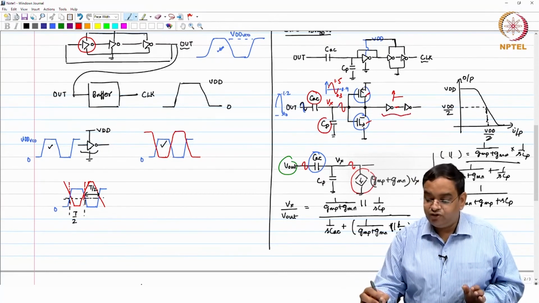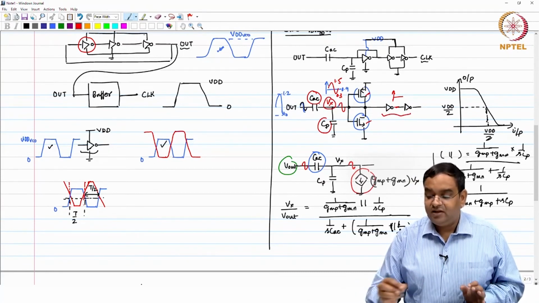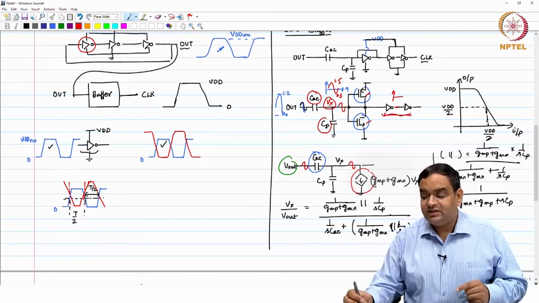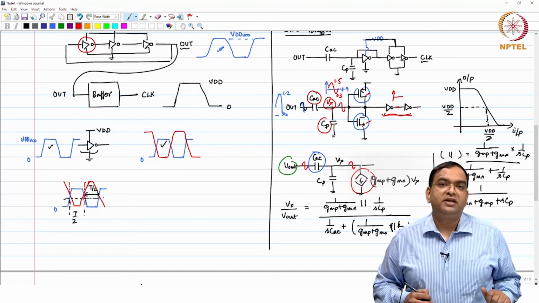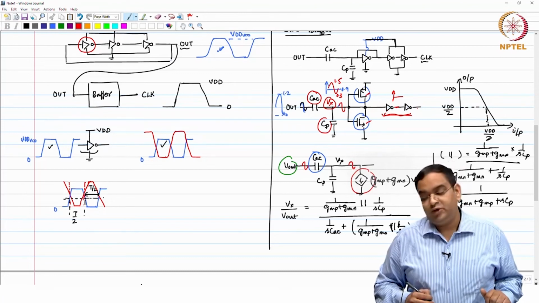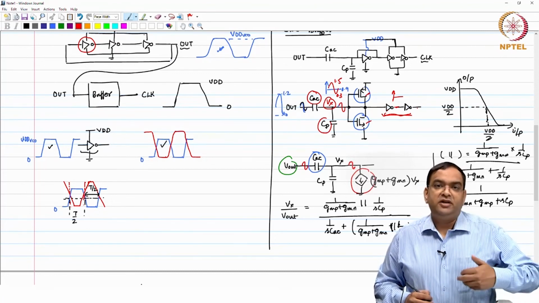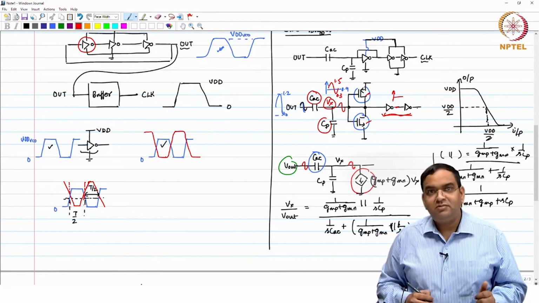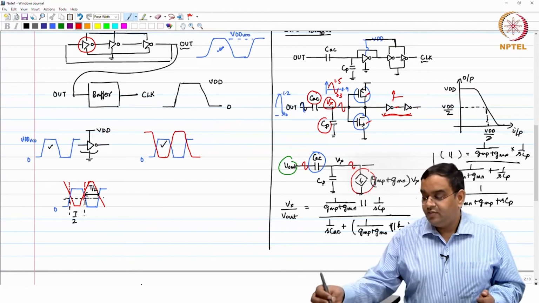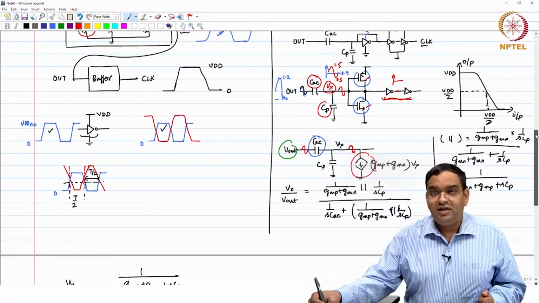If your swing is low at Vx, it will take a couple of inverter stages to amplify that particular signal to full swing. Now, whether it is good or bad, when it is amplifying, it is also adding noise to the system, that is a white noise, but that is what will happen.